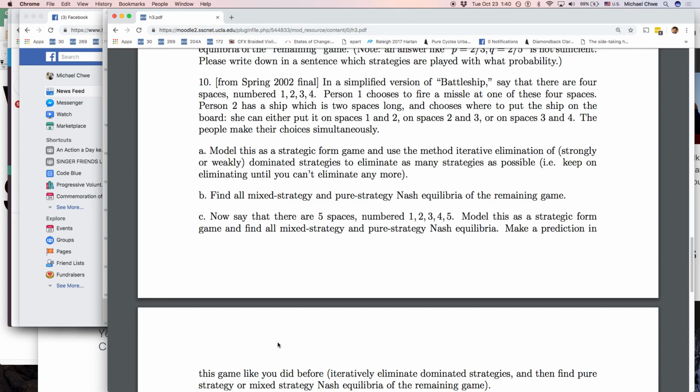This corresponds to placing the ship at these spaces.